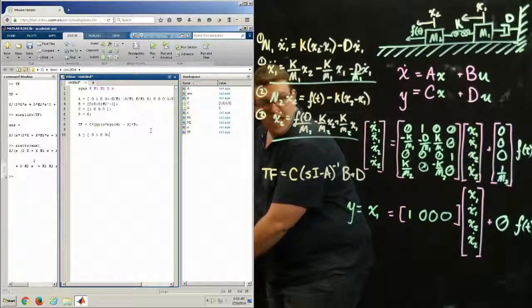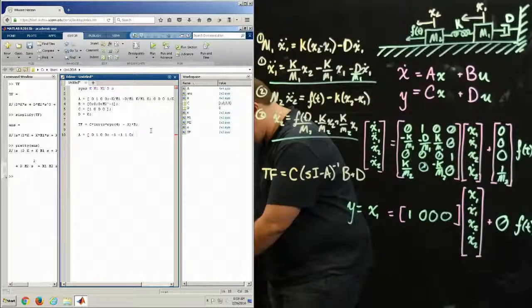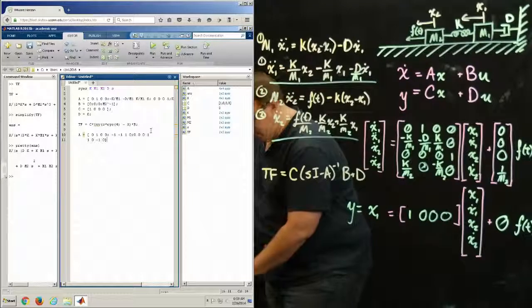We can say that the next row is negative 1, negative 1, 1, 0. We can say that our next row is 0, 0, 0, 1, and that the next row is 1, 0, minus 1, 0.